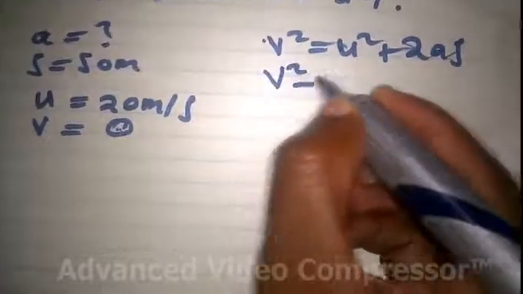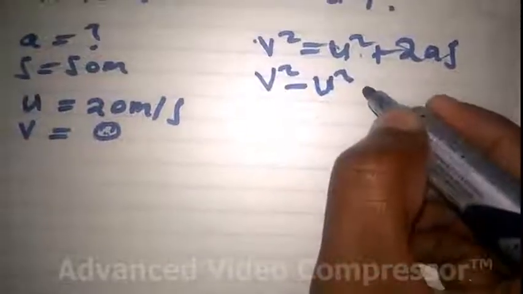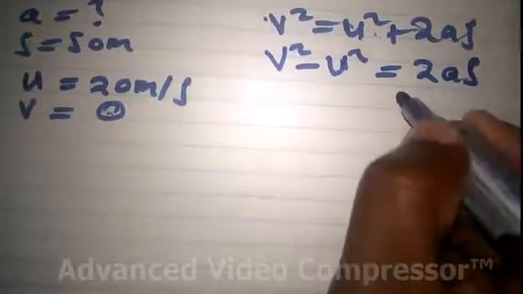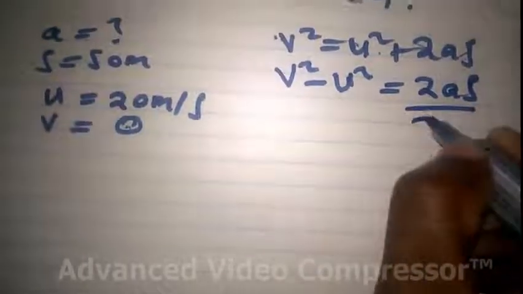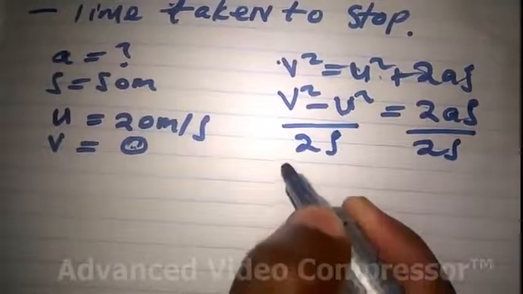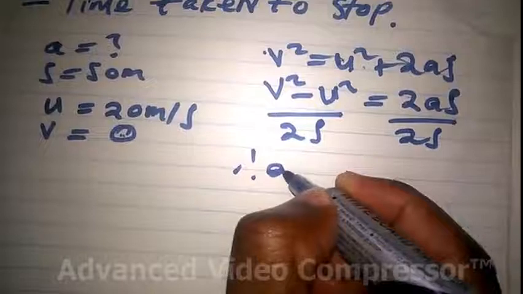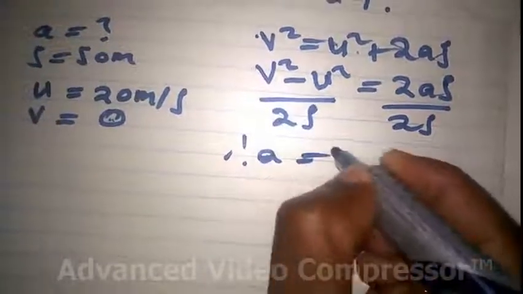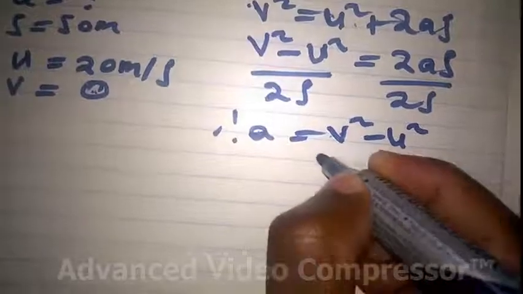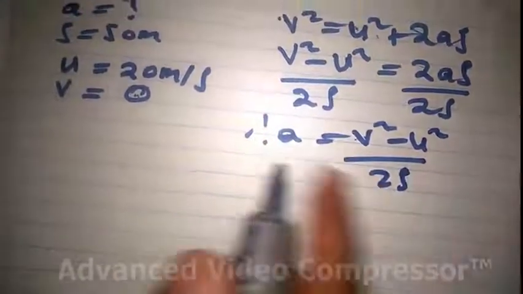So v squared minus u squared, as we transpose it to this side, equals 2as. We are looking for acceleration, so we just have to divide by 2s, and therefore acceleration will be equal to v squared minus u squared over 2s.